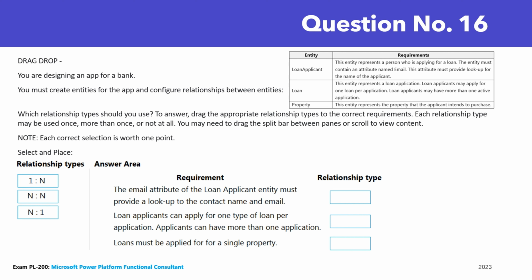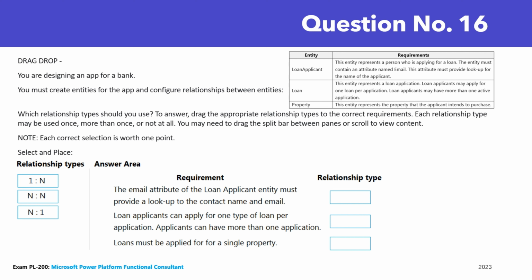2. Entity loan requirement. This entity represents a loan application. Loan applicants may apply for one loan per application. Loan applicants may have more than one active application. 3. Entity property requirement. This entity represents the property that the applicant intends to purchase.